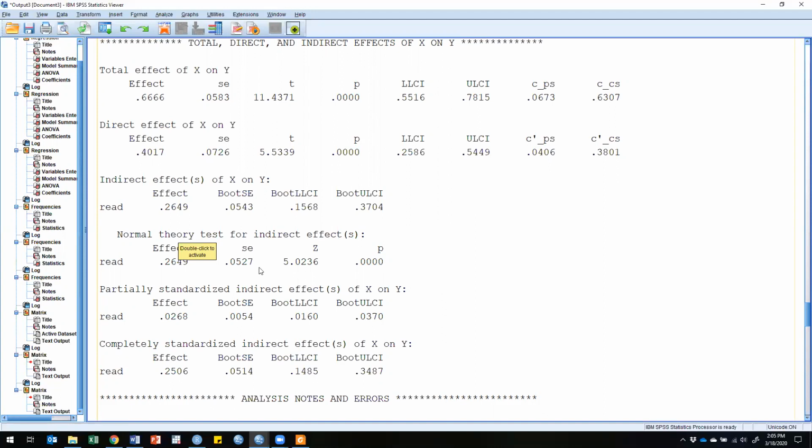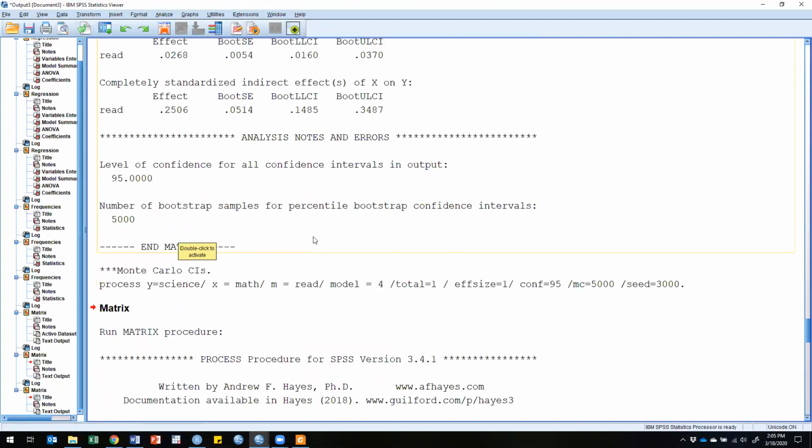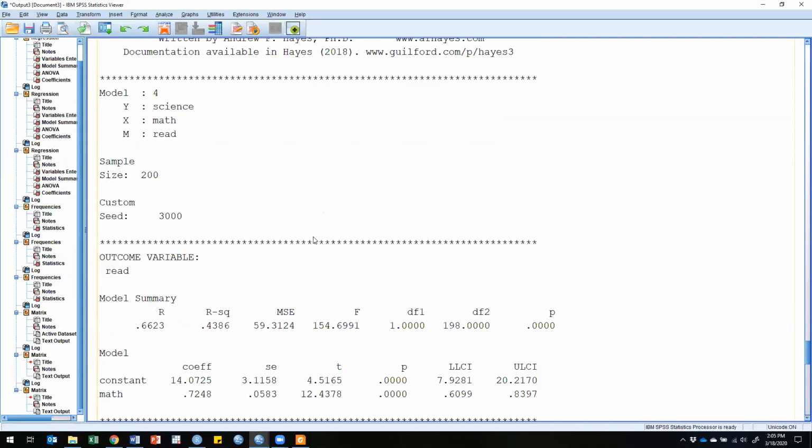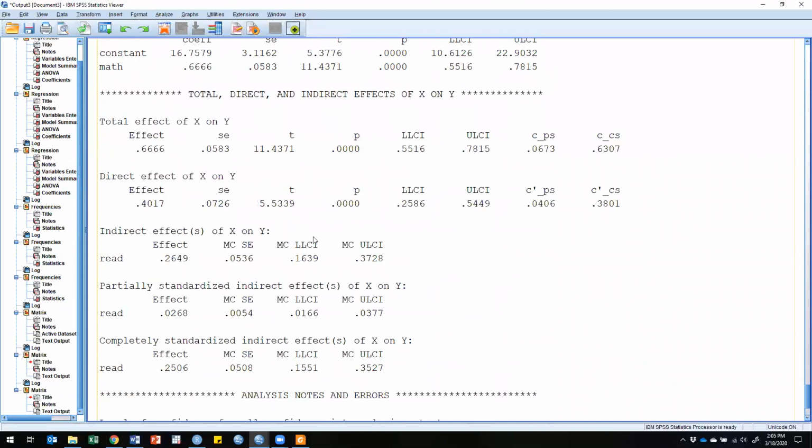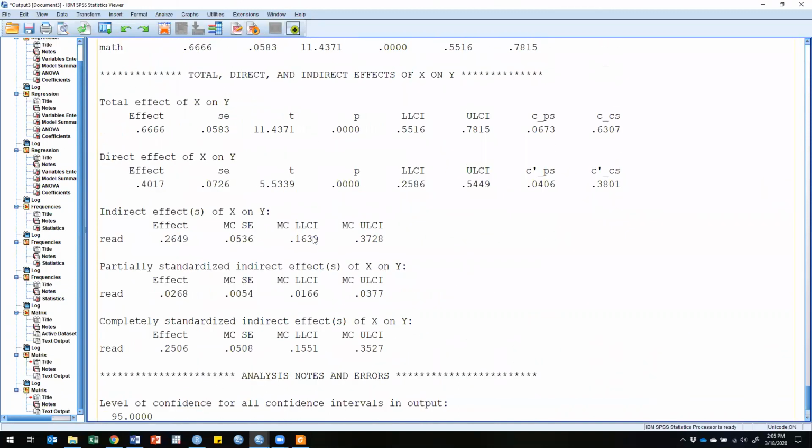So there's the effect, there's the standard error, and that's the z-score that they calculate. And then here it is with the Monte Carlo confidence intervals. So there's the Monte Carlo standard error, and there's the Monte Carlo confidence intervals. Remember, these are very similar to the confidence intervals that we found on our indirect effect.